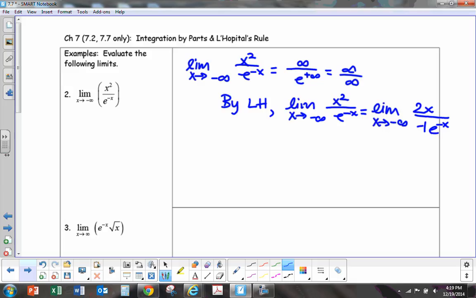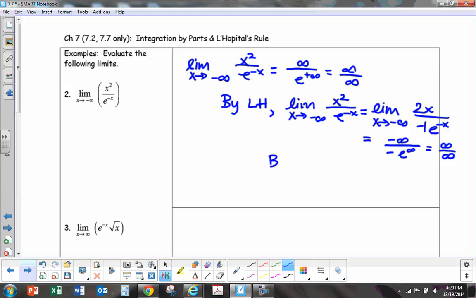Chain rule on the negative x means I have a negative 1 that's in front. Okay, now I'm going to try to plug in. And that equals negative infinity over negative e to the infinity. So infinity over infinity again.